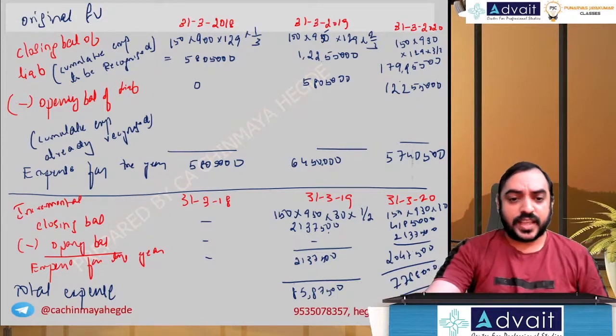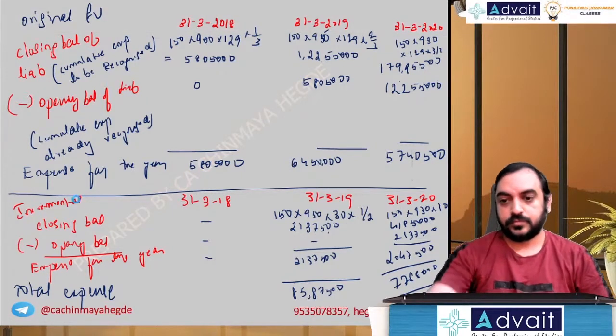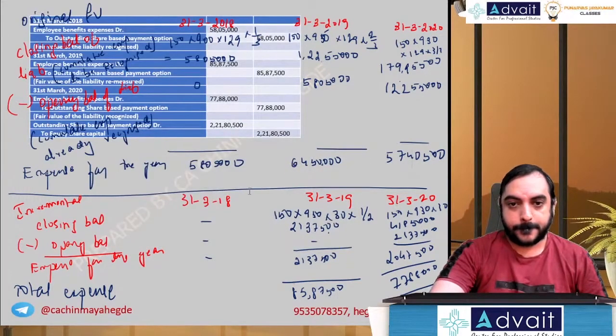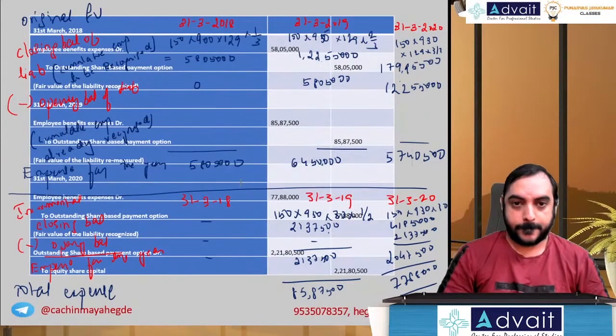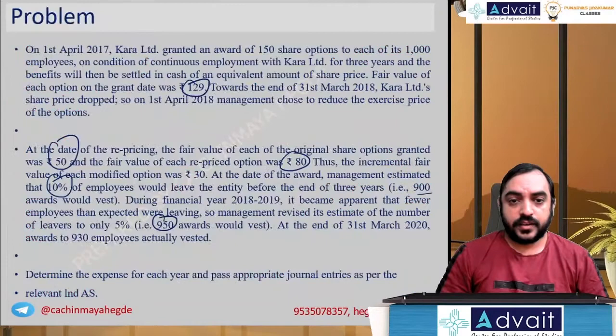Okay, so these are the calculations. I'll quickly show you the journal entry also, what they've asked. Journal entries.